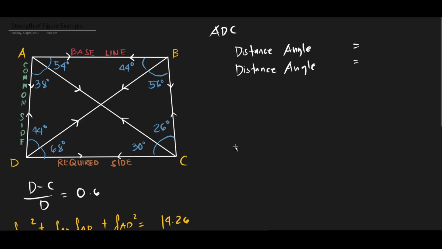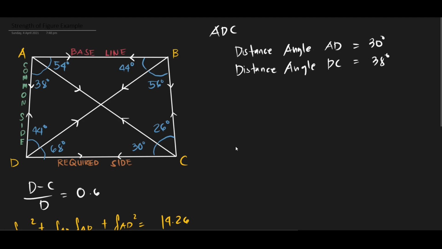Distance angle AD here is equal to 30 degrees, right? For this triangle ADC, 30 degrees, and distance angle DC will be what? That will be 38 degrees.